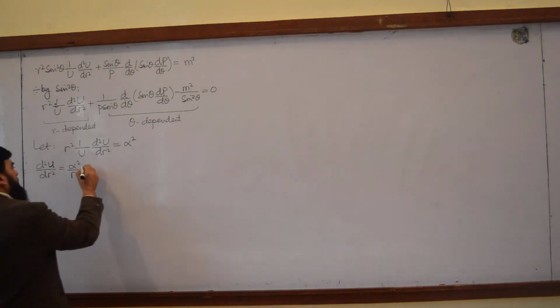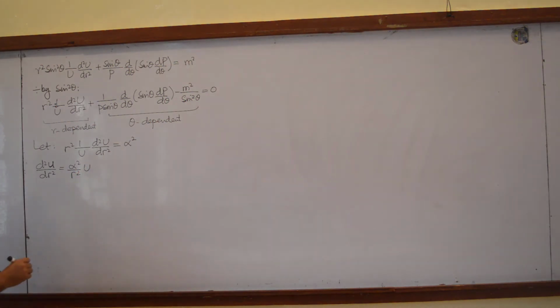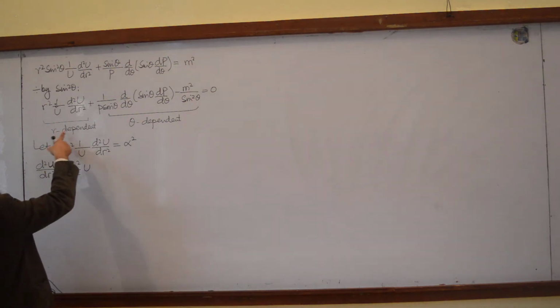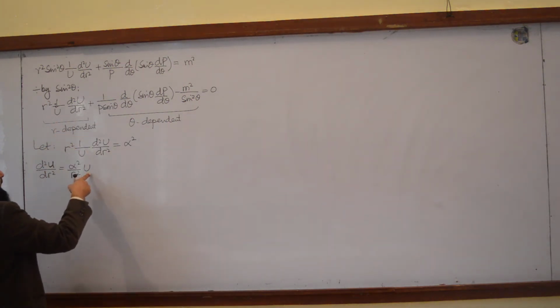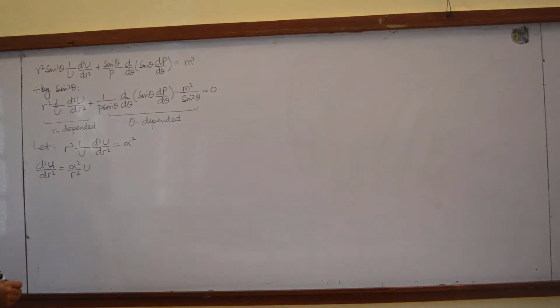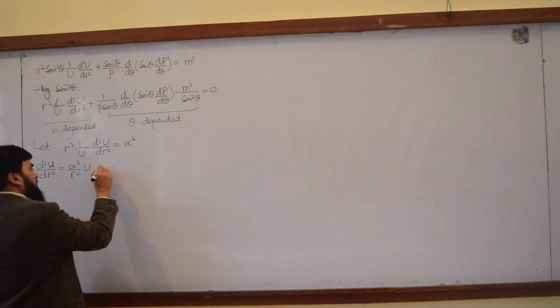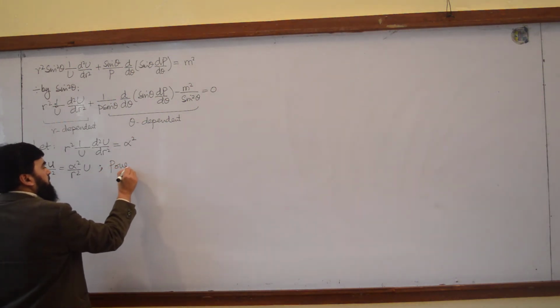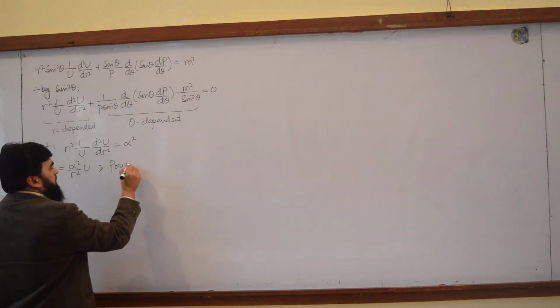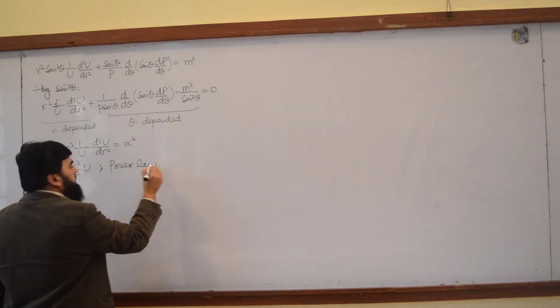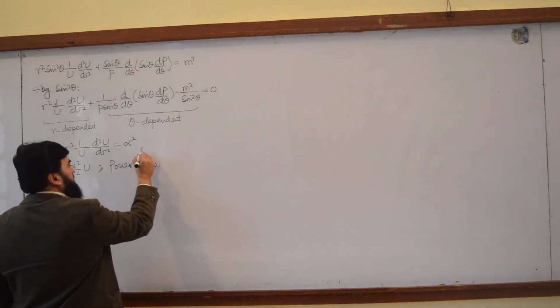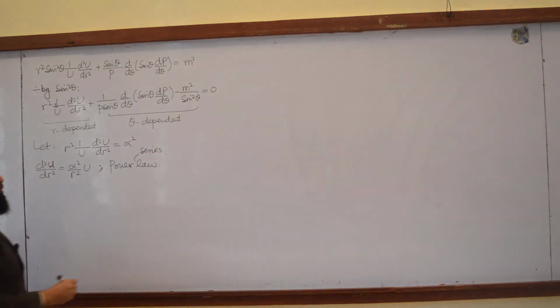Now first we want to solve this equation. So how will I be able to solve this equation? I am taking the r dependent term, so the r dependent term equation became like this. Let's say I solve this with a power law, or the power series solution.